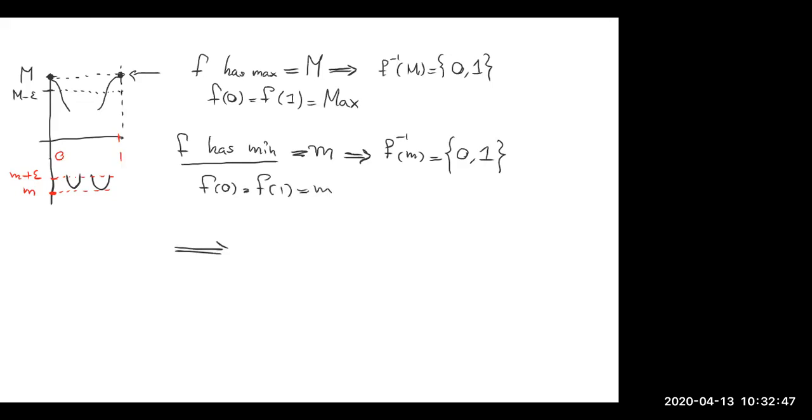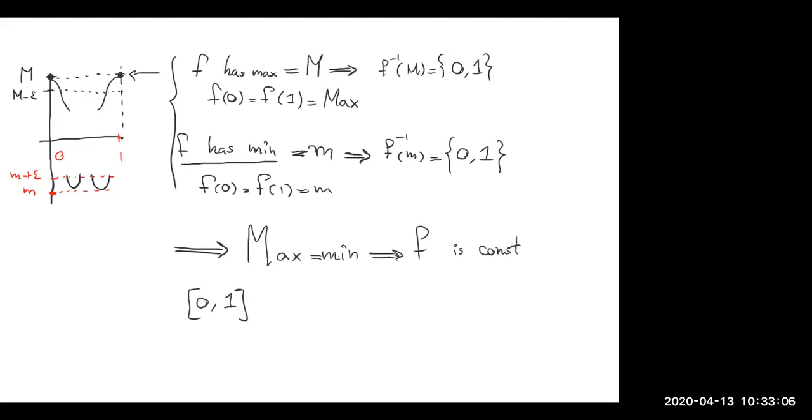Well, looking at these two things at the same time, it means max should be equal to min, which means f should be constant. It means f is constant because its max is equal to its min. Therefore, the whole function from 0 to 1 just goes to one value.